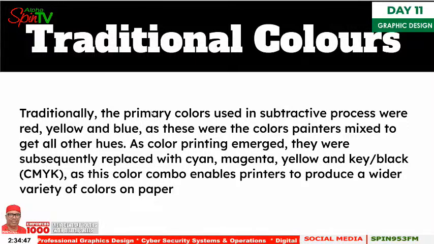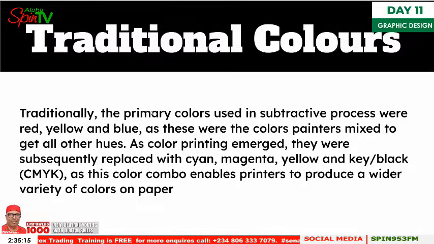As color printing emerged, they were subsequently replaced with CMYK: cyan, magenta, yellow, and key, known as black, as the color combo enables printers to produce a wider variety of colors on paper. This provided more clarity.